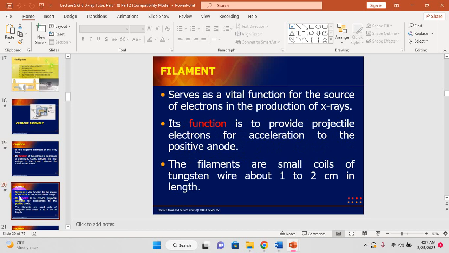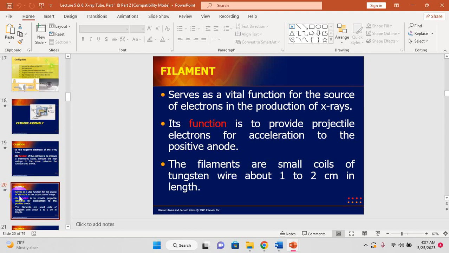So, itong filament, this is a part of the cathode, which serves a vital function as the source of electrons in the production of X-rays. This functions to provide projectile electrons for acceleration to the positive anode.